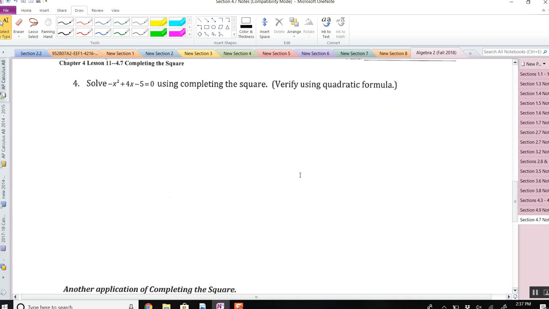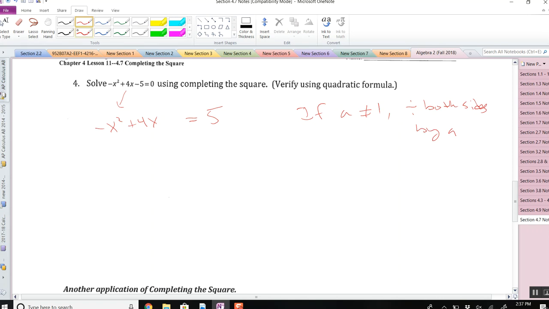Let's try this again. So what I'm going to do is, again, move the constant to the other side. And now in this case, if a does not equal 1, divide both sides by a.